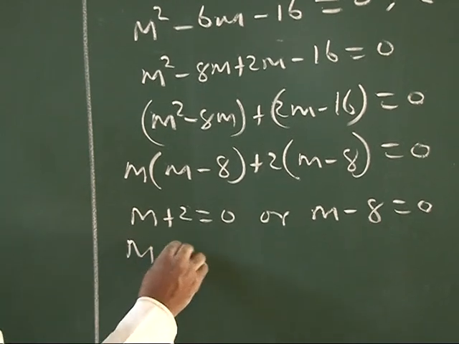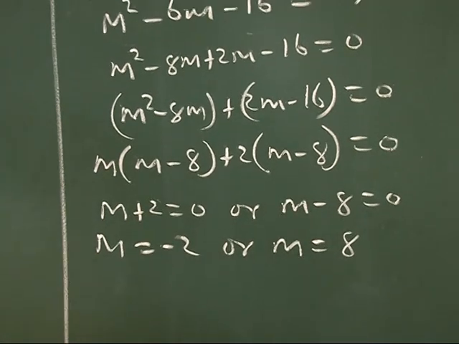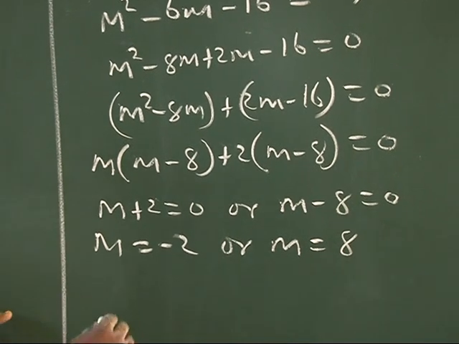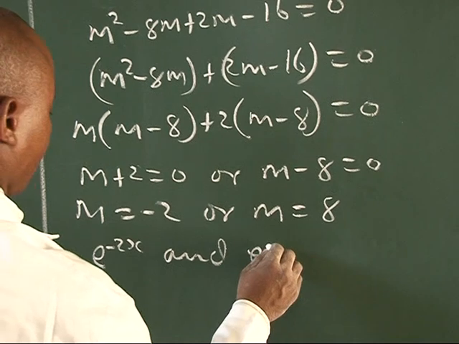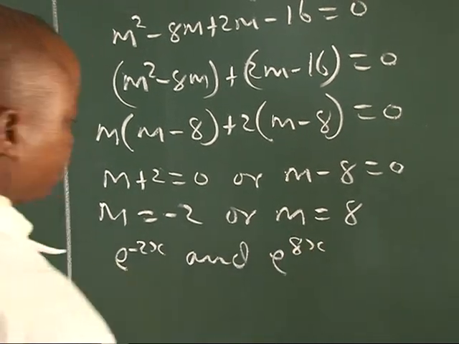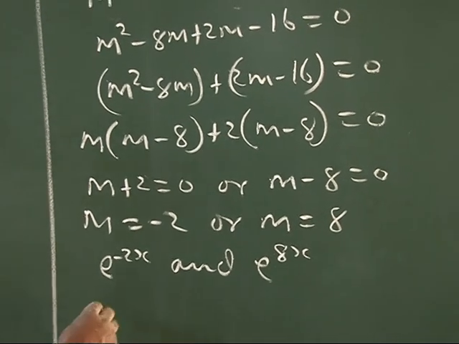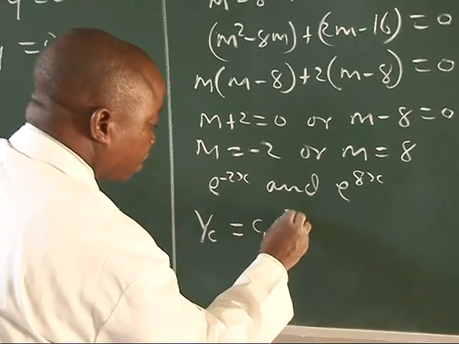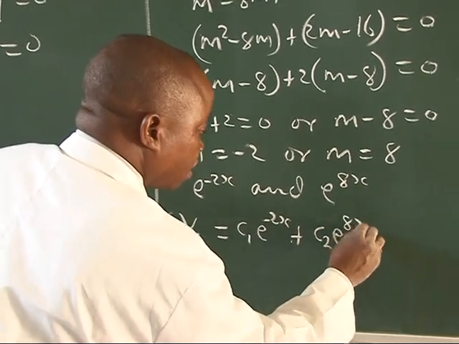We now have that m is equal to minus 2, or m is equal to 8. So the two linearly independent solutions become exponential minus 2x and exponential 8x, and the general solution becomes yc is equal to c1 exponential minus 2x plus c2 exponential 8x.